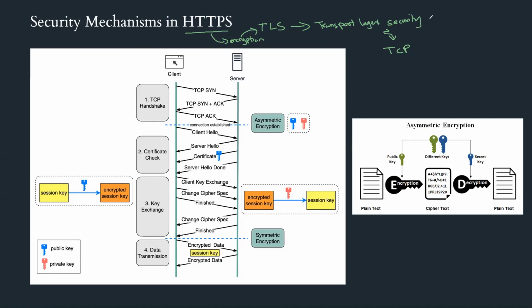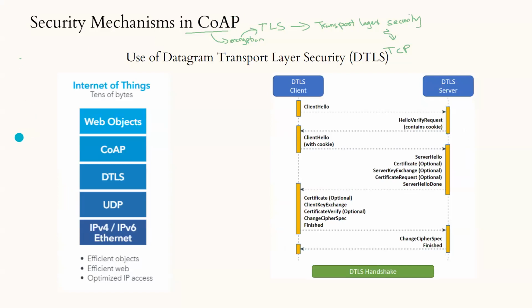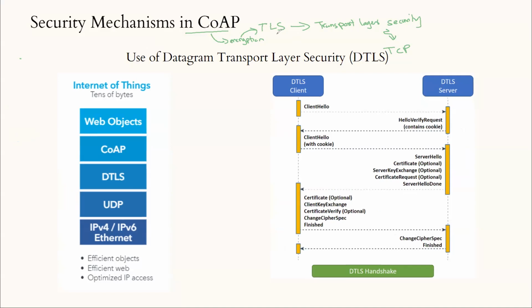So the transport layer security protocol is used to enable the encryption method in HTTPS. When we look at the CoAP protocol, it works on top of the UDP protocol, and the encryption is done based on DTLS, or Datagram Transport Layer Security protocol.